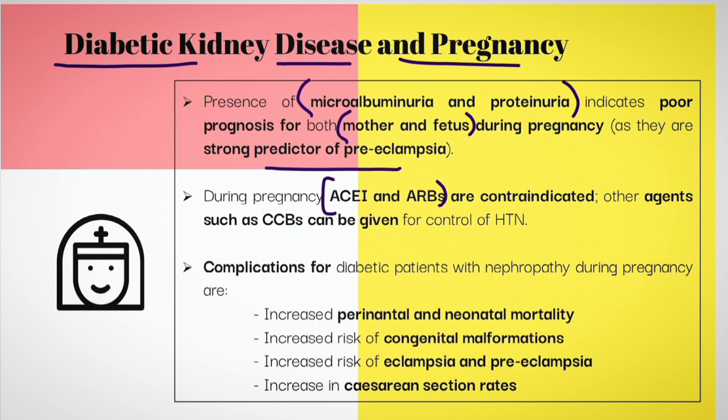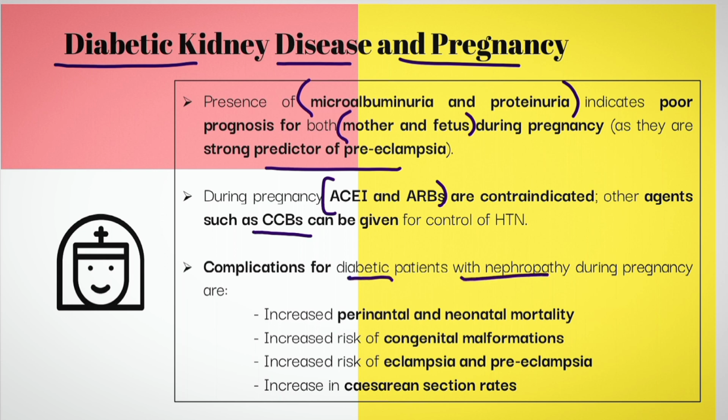So in this condition, we can give pregnant mothers antihypertensive drugs like calcium channel blockers for the control of hypertension. These are a few complications which can be present in a pregnant lady if she is diabetic and has developed diabetic nephropathy.